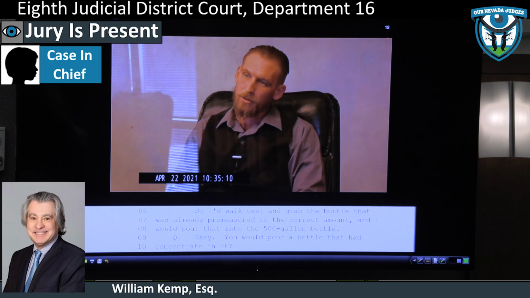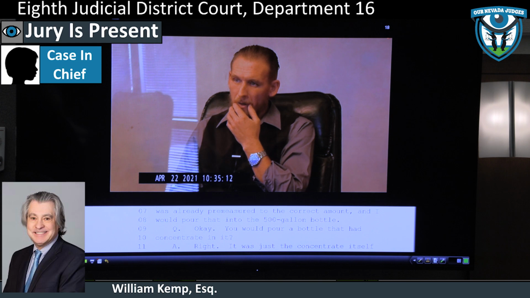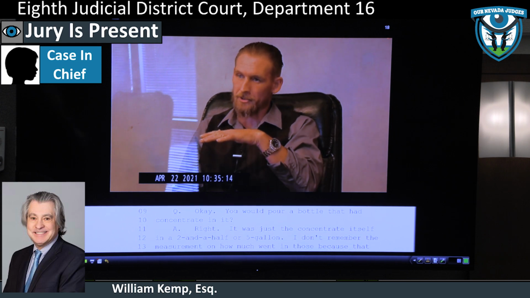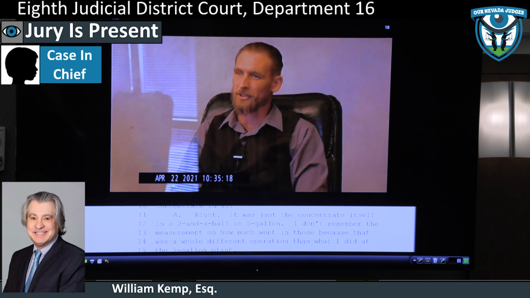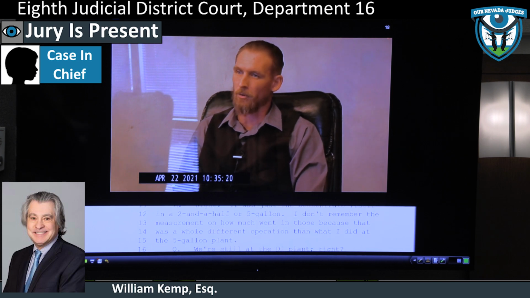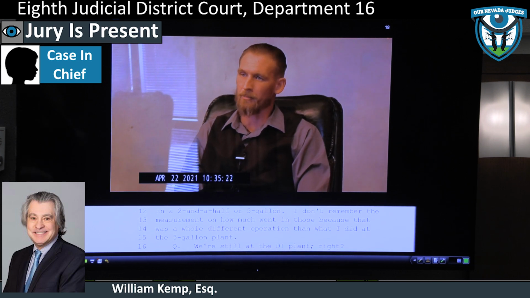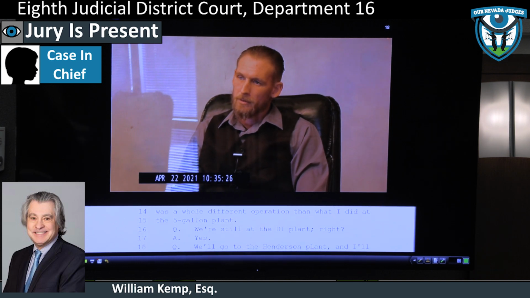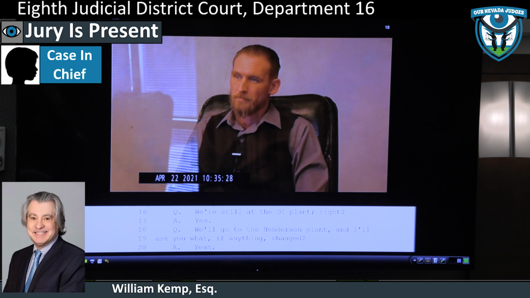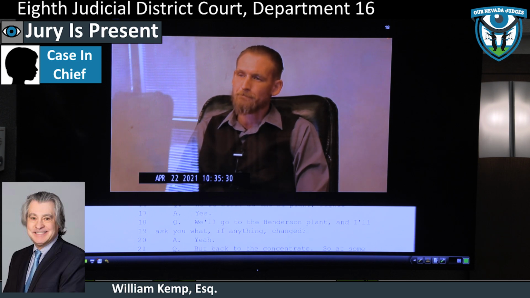Okay, you would pour a bottle that had concentrate in it. Right, it was just the concentrate itself in 2.5 or 5 gallon containers. I don't know the measurement on how much went in those, because that was a whole different operation from what I did at the 5-gallon plant. Okay. And we're still at the DI plant, right? Yes. We'll go to the Henderson plant and I'll ask you what, if anything, changed.